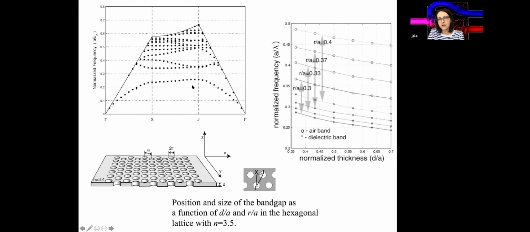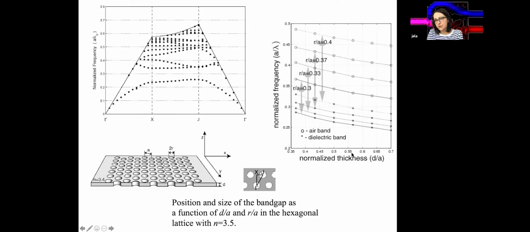There are pairs of lines that correspond to the top of the dielectric band and the bottom of the air band. The stars correspond to the dielectric band for different parameters, and the circles correspond to the air bands, and we're just plotting the size of the band gap.